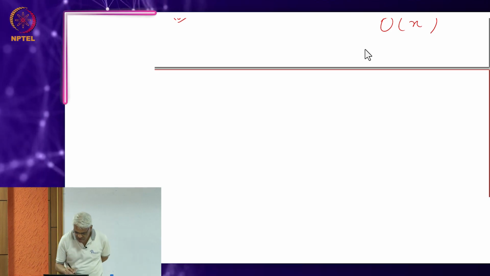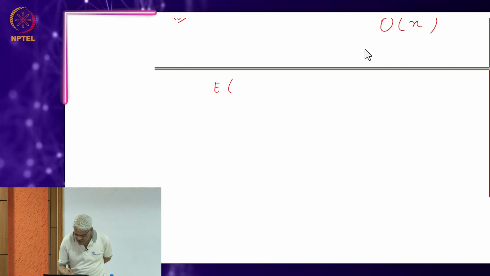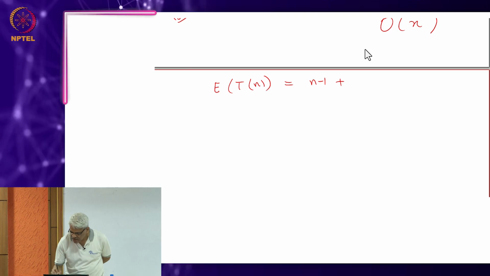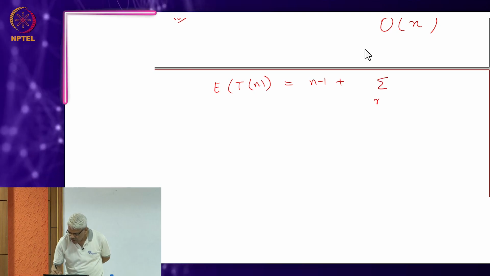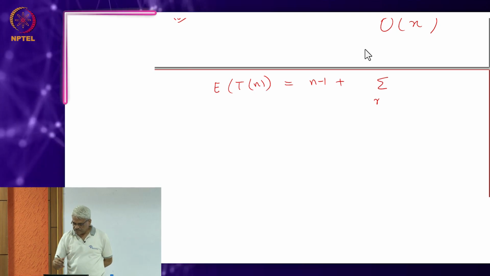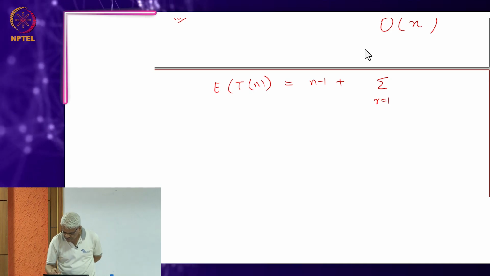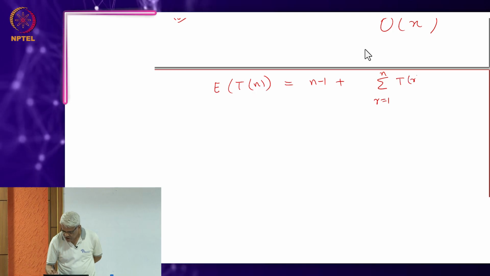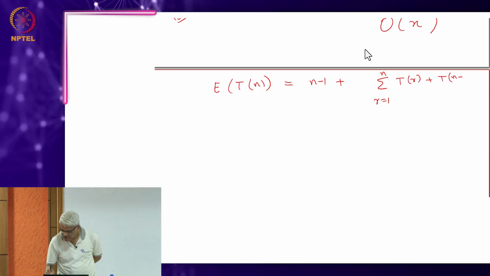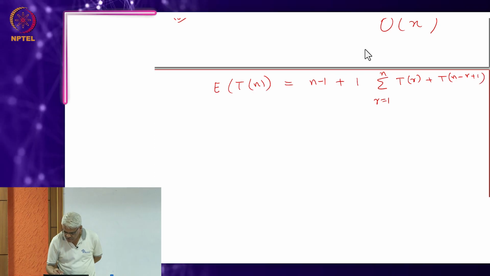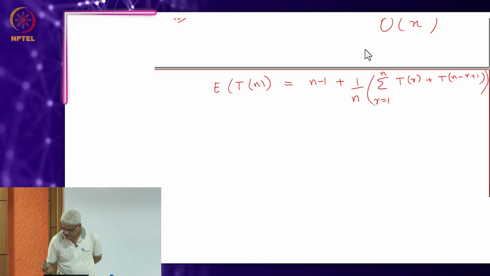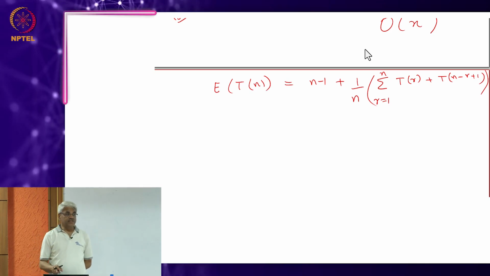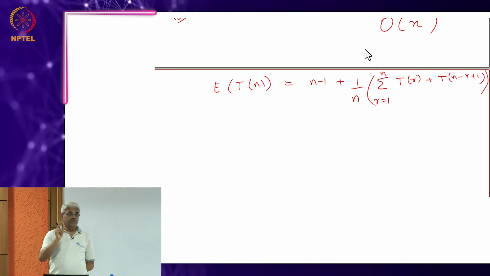So, in the interest of time, I am going to say the expected value of T(n) is equal to n minus 1 plus the summation over r of T(r) plus T(n minus r minus 1), with probability 1 over n, right. So, the difference with this and Quickselect, what is the difference?